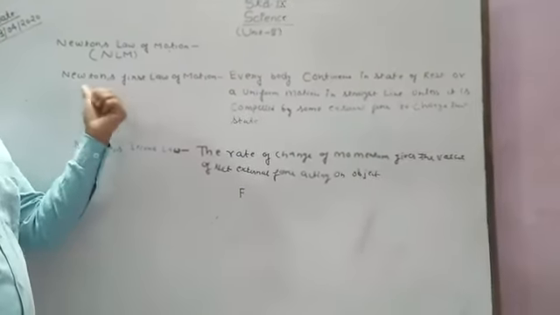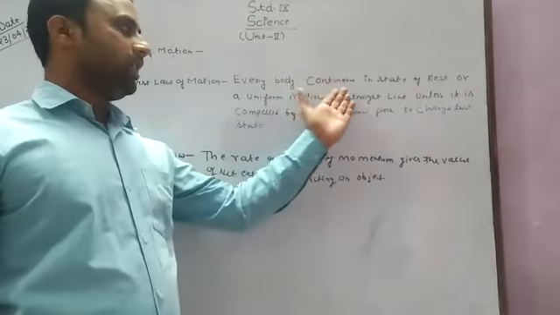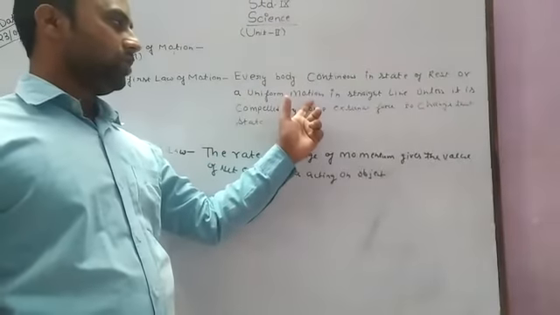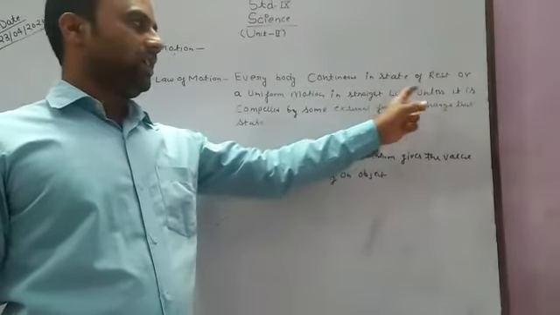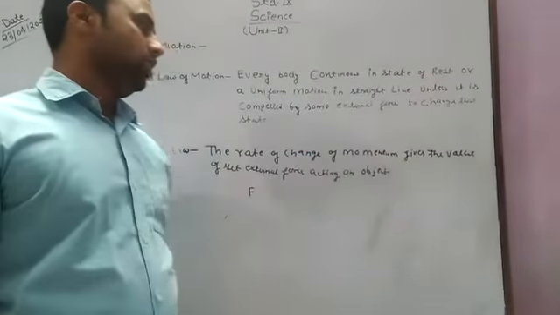Newton's first law states that every body continues in a state of rest or uniform motion in a straight line unless it is compelled by some external force to change that state.